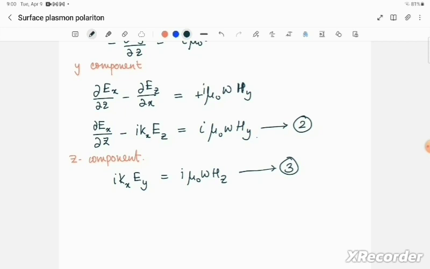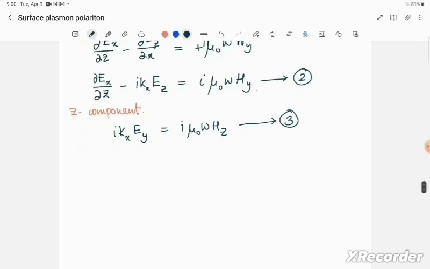So with this we have the first three relations, and the other three relations will come from the curl of h that we have from our Maxwell's equations. So we have curl of h is this, which is nothing but epsilon naught, and then we can substitute it right away.